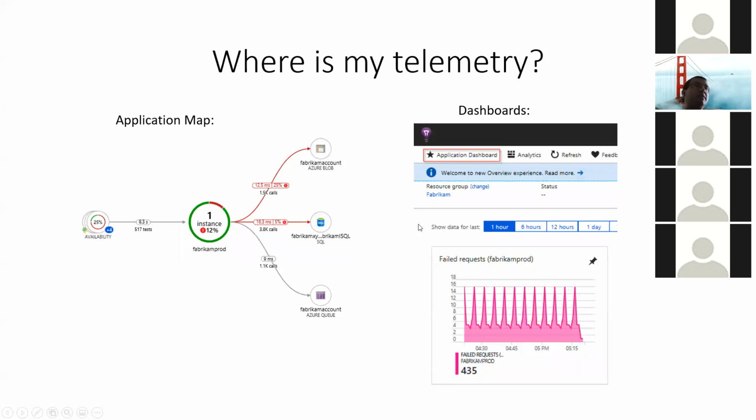Once that's in place, we can view our telemetry in numerous ways. You have the application map that, as you can see, shows various dependency times, error rates, etc. You have the application dashboard in Azure Application Insights.